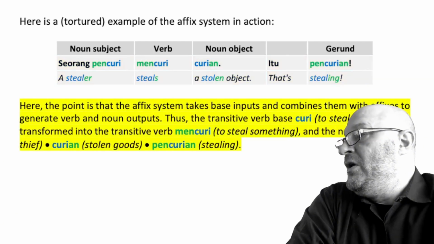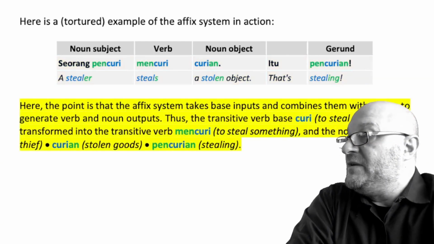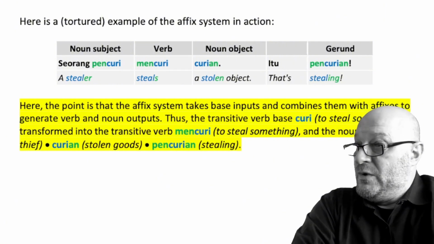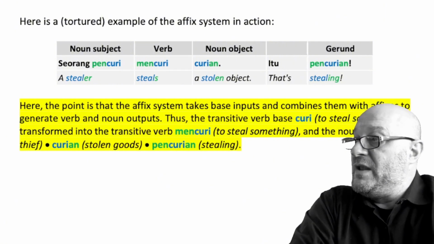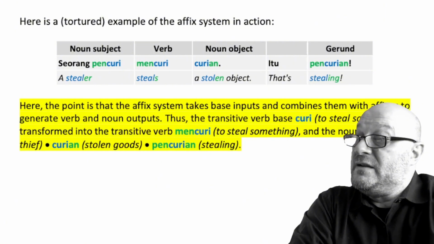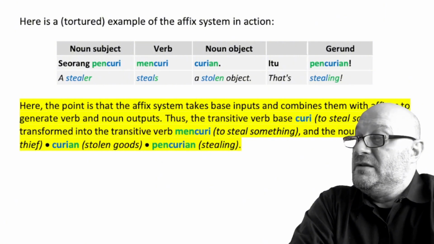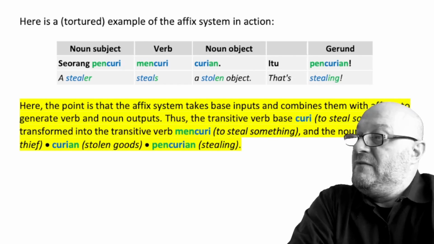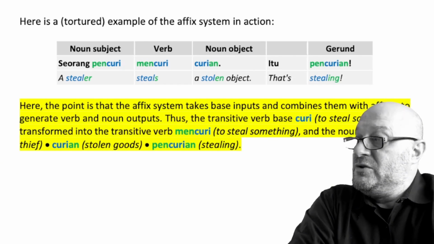Here, the point is that the affix system takes base inputs and combines them with affixes to generate verb and noun outputs. Thus, the transitive verb base curi, to steal something, is transformed into the transitive verb mencuri, to steal something, and the nouns pencuri, thief, curian, stolen goods, and pencurian.